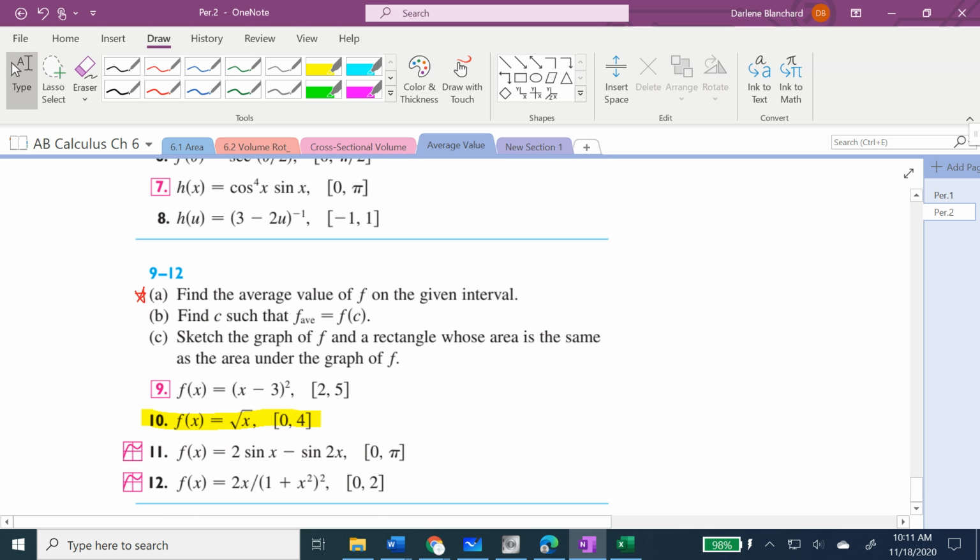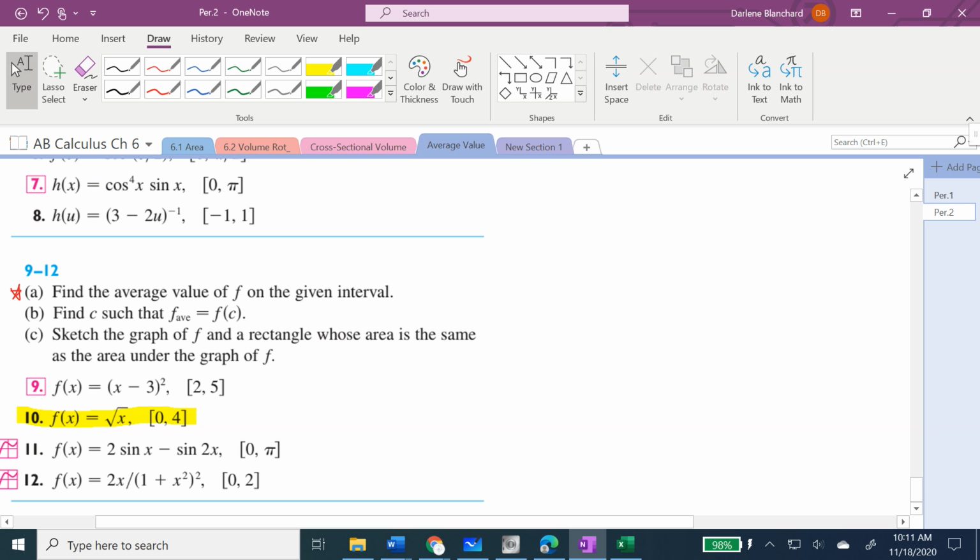I'm going to go through number 10 with you to make sure you're clear about what these directions are asking you to do. There are a couple problems after these, but I just want to make sure the directions make sense. So for part A, when you are asked to find the average value, you're going to go, all right, 1 over b minus a, integral from a to b of the function dx. There, that was your average value moment.